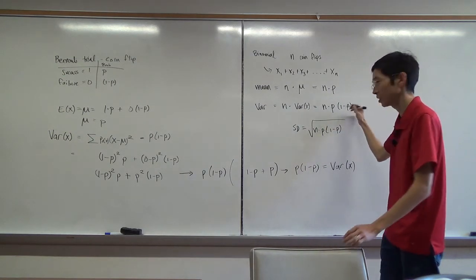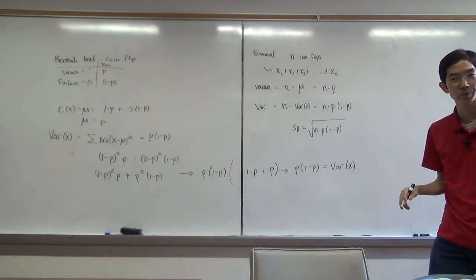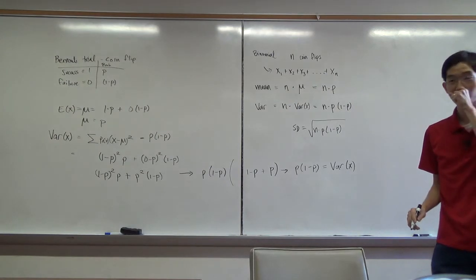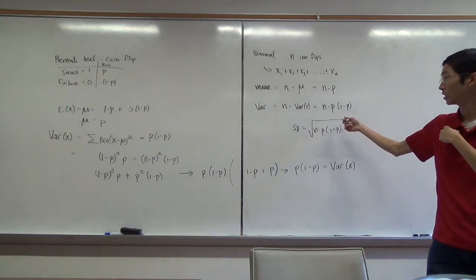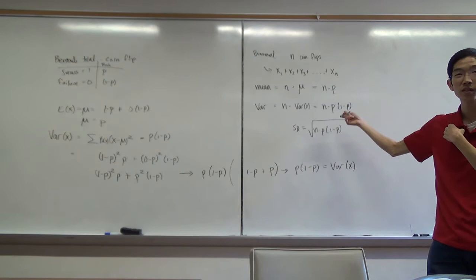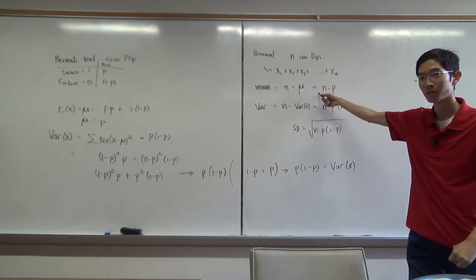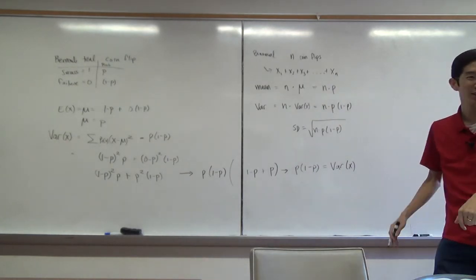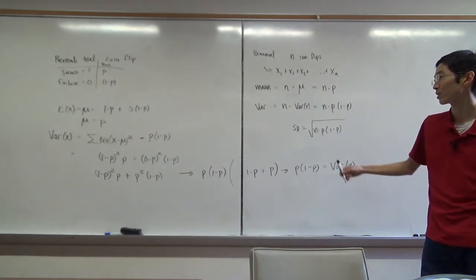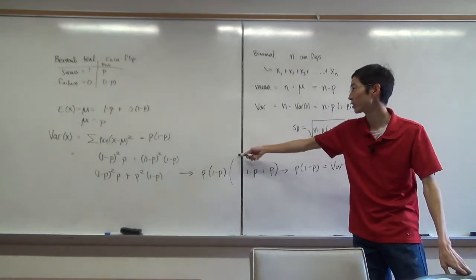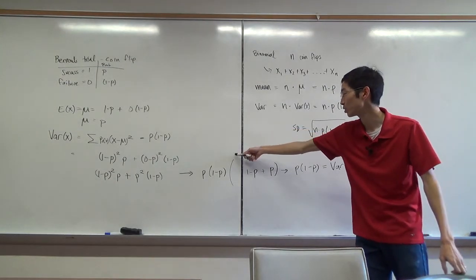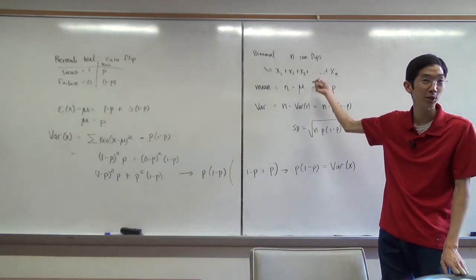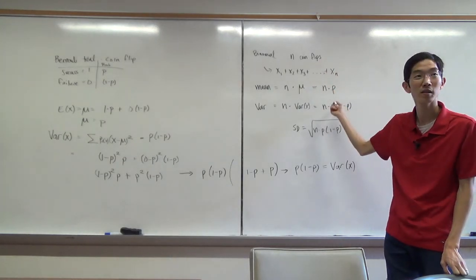And I think the book might abbreviate 1 minus p as q. Okay, but it's the same thing. So this is how we're getting the mean and the variance. Okay. So we learned the rules about the mean and the variance for multiple random variables. And so we have it for one single Bernoulli or coin flip, and then if we do multiple coin flips, as in a binomial, we get this.